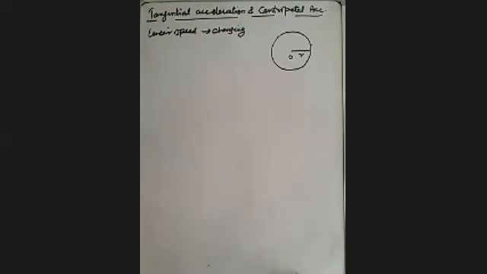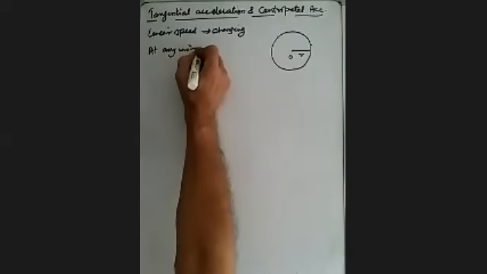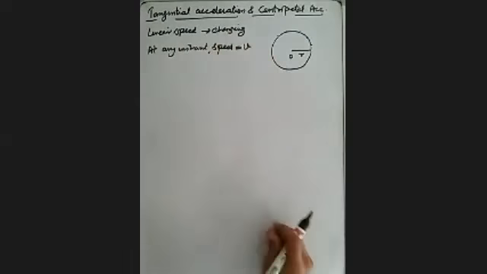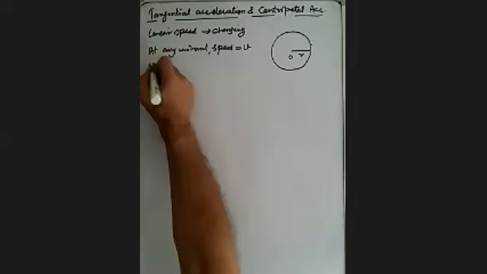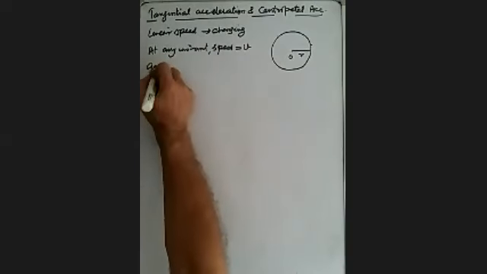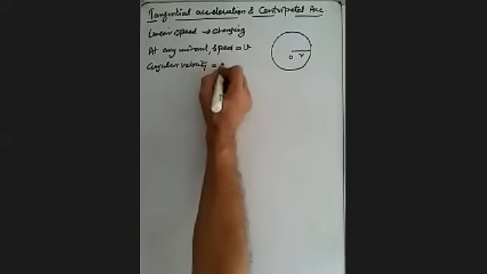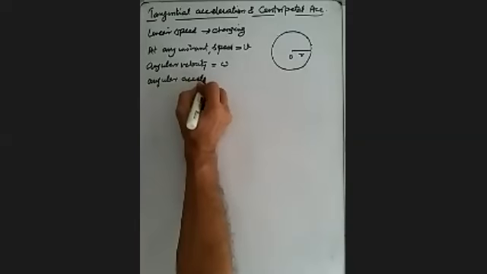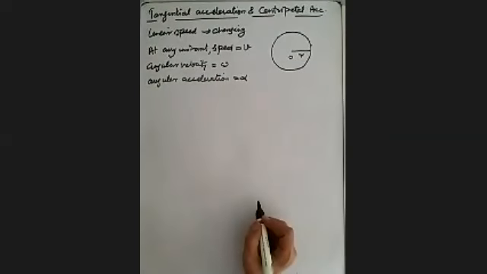Let us say at any instant the speed of the particle on the circular path is v, and omega is the angular velocity at that instant, and the angular acceleration is, say, alpha, because we represent angular acceleration by the letter alpha.